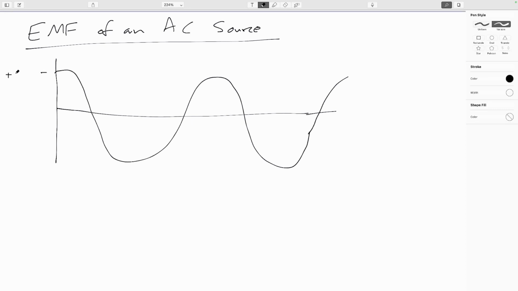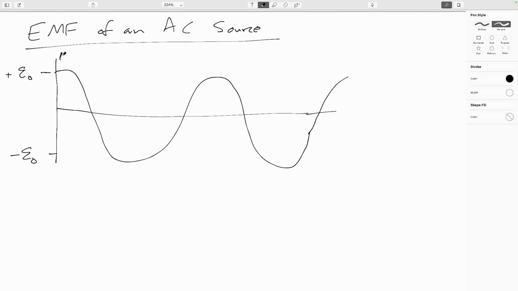So it'll go between plus some maximum value of the EMF. We'll write that as EMF sub 0 here. And minus that same maximum value. So this is our amplitude.